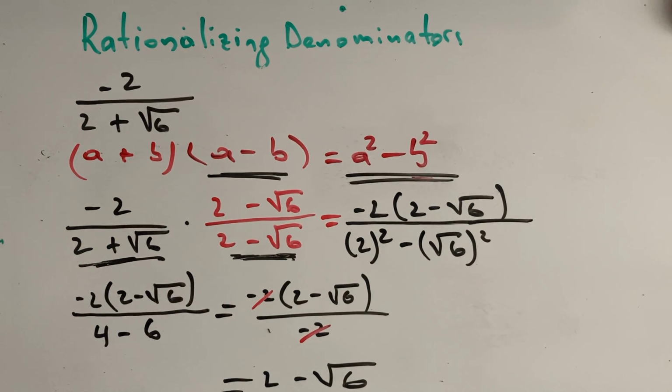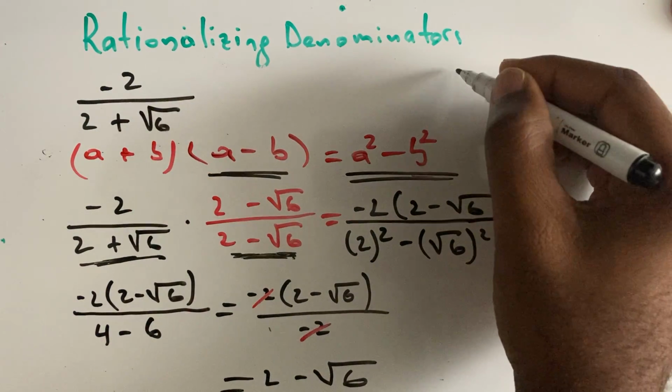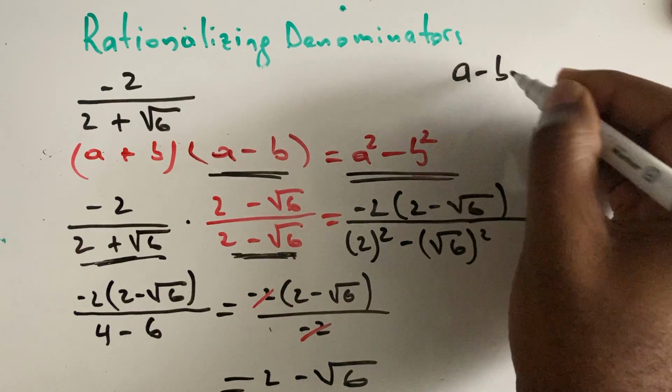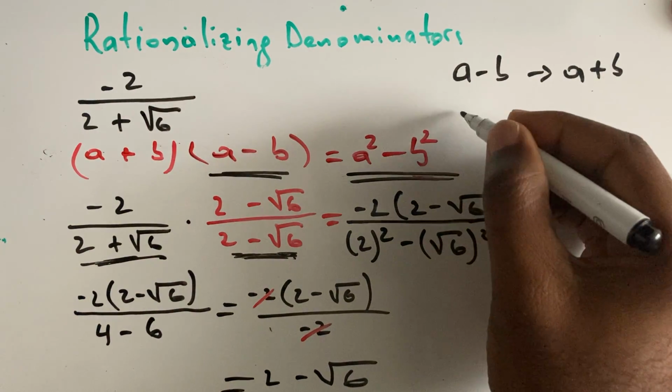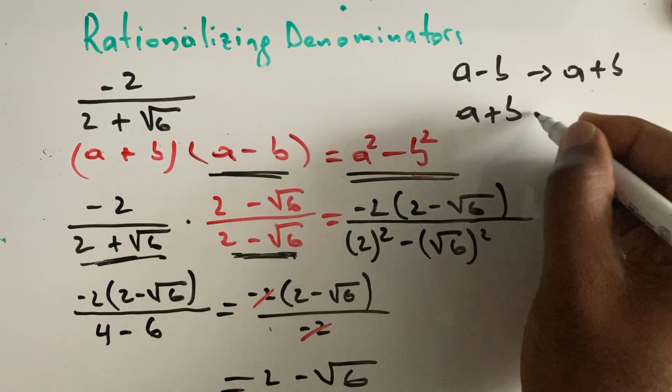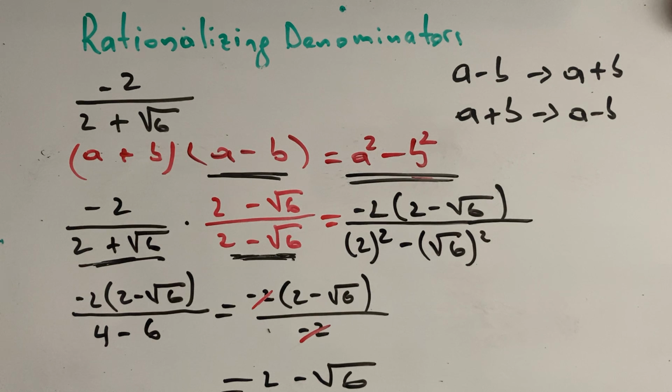So for example, if to start you had a minus b, the conjugate of this would be a plus b. If it's a plus b, the conjugate would be a minus b. So you multiply by the conjugate in this case, all right? So that's what I had for you guys. This is how you rationalize denominators. Okay, thank you.